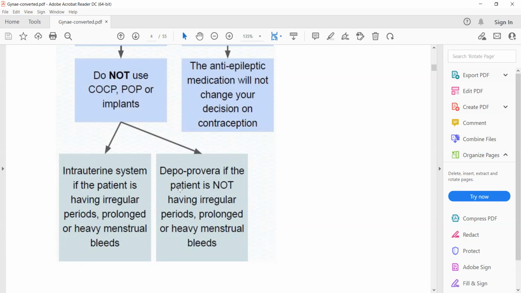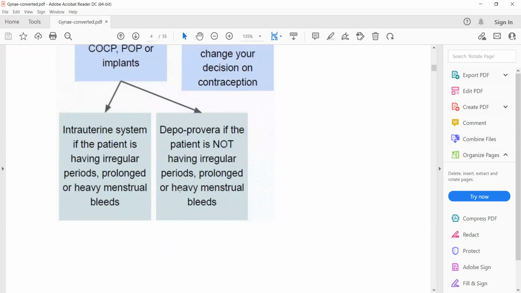Then we'll go for IUS. Otherwise, we'll go for Depo-Provera injection.